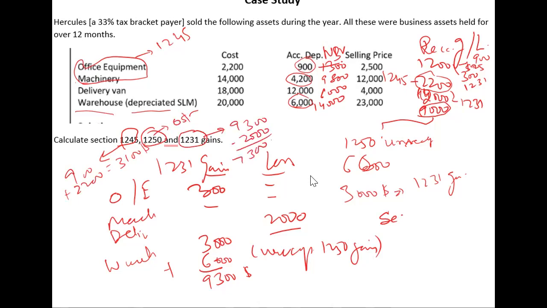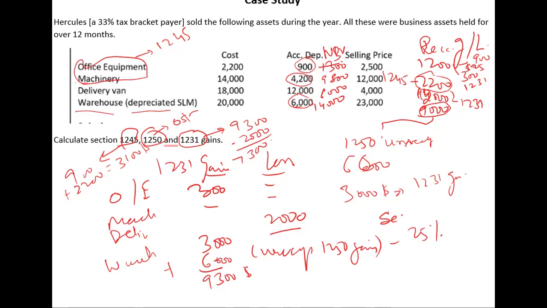Of this, the 6,000 unrecaptured section 1250 gain will be taxed at a 25% tax rate, and the balance of 1,300 will be taxed at the capital gain tax rate, that is 15%.